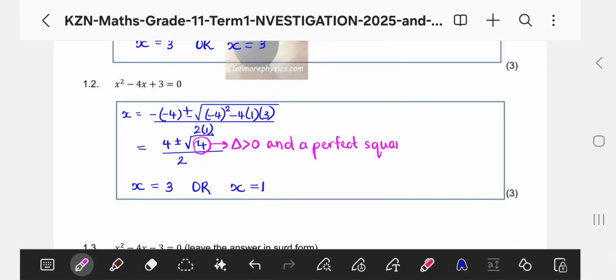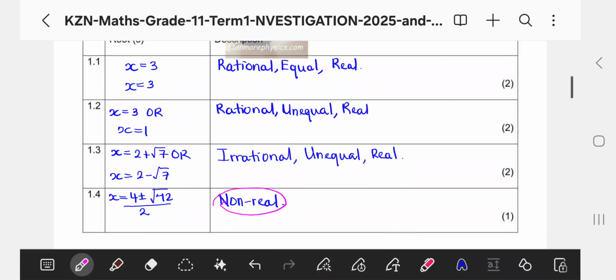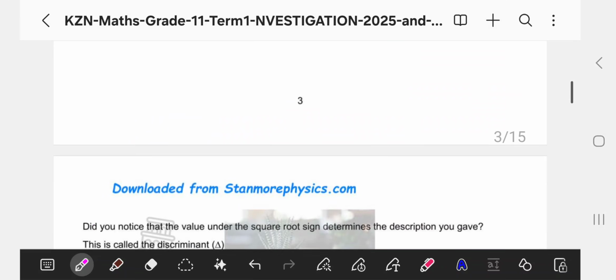Square numbers are numbers that are made from other numbers being multiplied by themselves. For example, 4 is a square number because it's a product of 2 times 2, or 2 squared. So what we notice here is that we get 2 roots, so they are real, they are also unequal, and they are rational. And that we can also see from the answer for 1.2. Rational, unequal, and real. So let's fill that in.